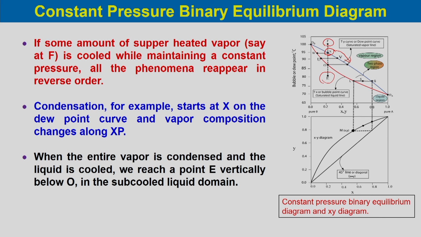When the entire vapor is condensed and the liquid is cooled, we reach a point E vertically below O. It will be the final composition when all the vapors are condensed, given by O, and further cooling will reach point E vertically, which is called a subcooled liquid. So E is a subcooled liquid.